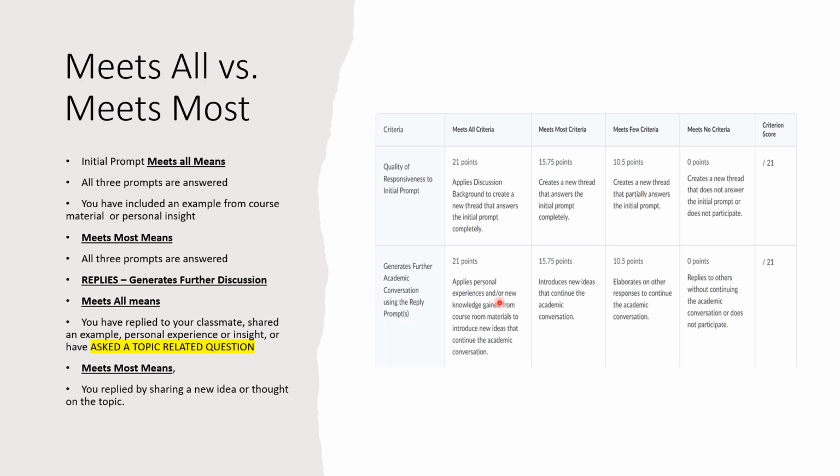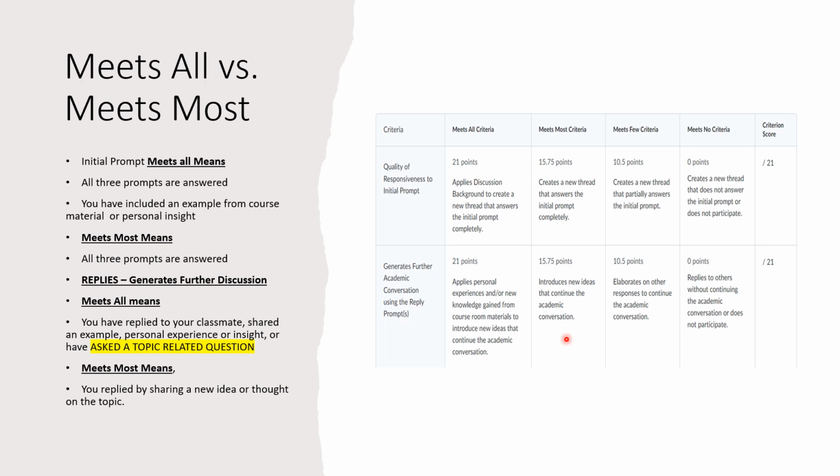Give additional information and end it with a topic-related question. It doesn't have to be a fancy question. What are you doing? How are you learning this? Or what did you find the most interesting? Or ask a question.